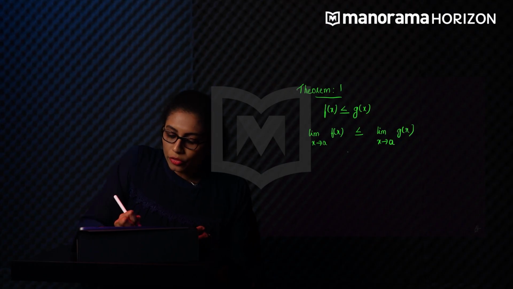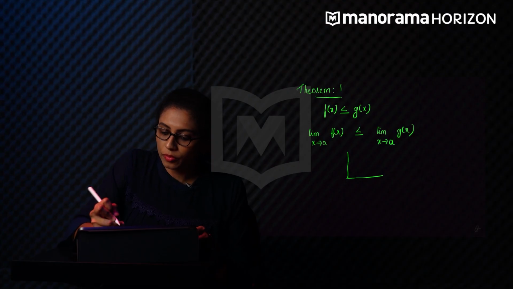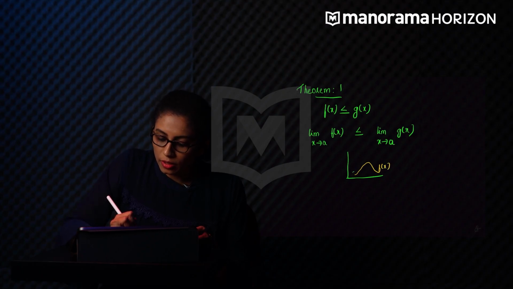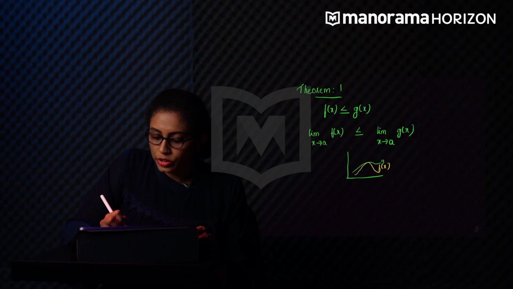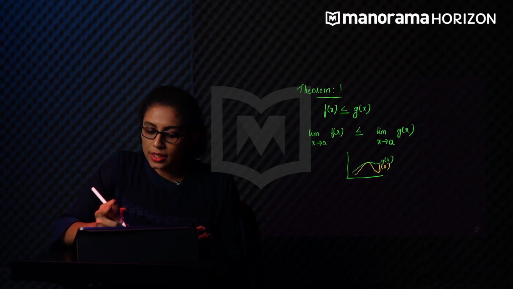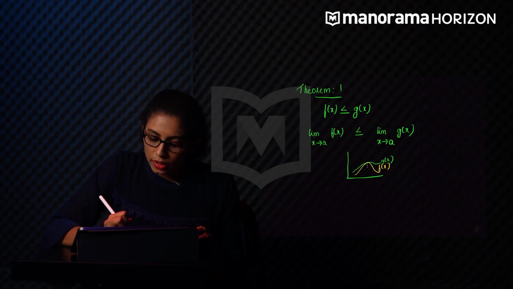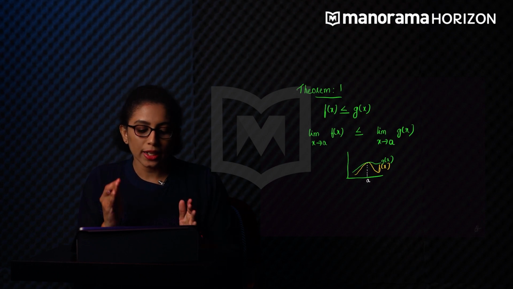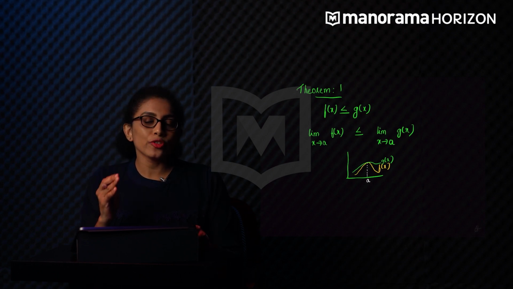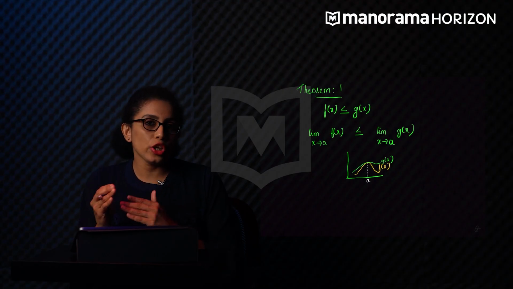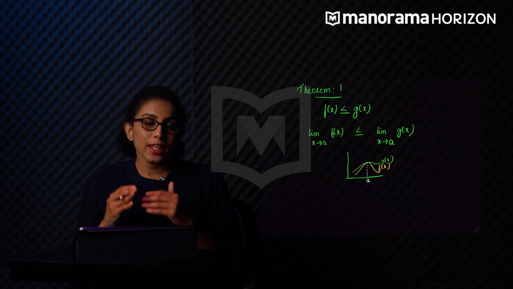If we consider the graph, let this be your f of x and let this be your g of x, where f of x is less than or equal to g of x. And if I consider another point a in the domain, then as per the theorem, limit x tends to a, f of x will always be less than or equal to limit x tends to a, g of x. Now let's see the next theorem.